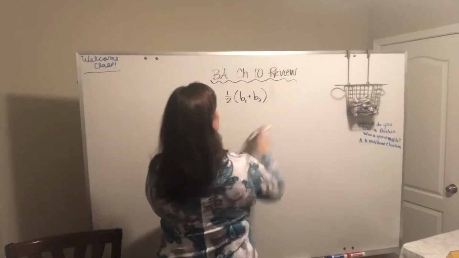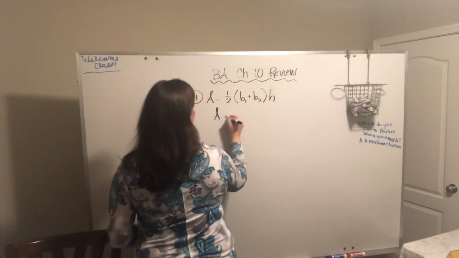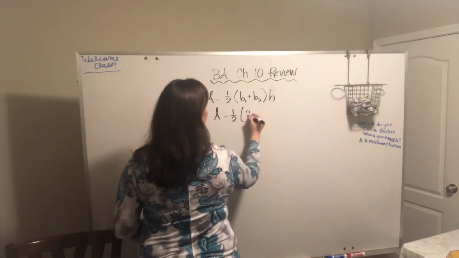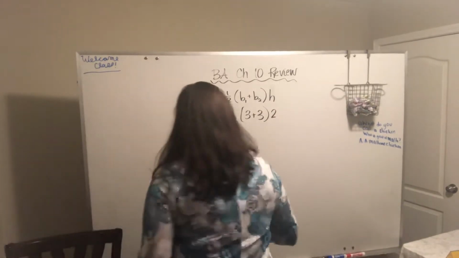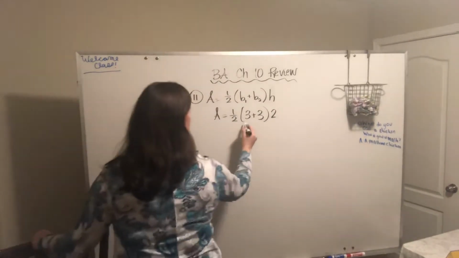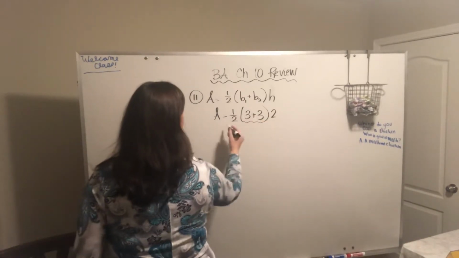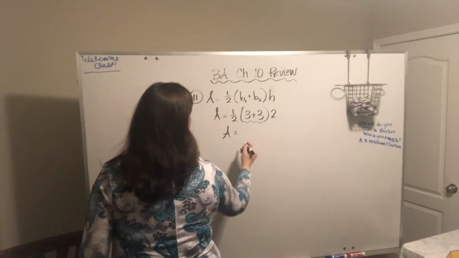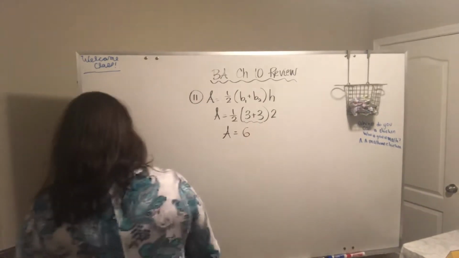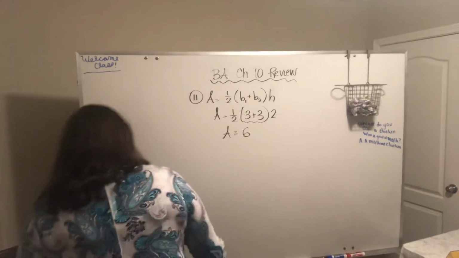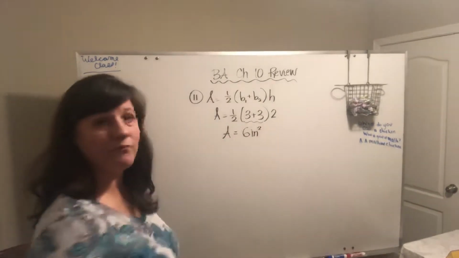I'm going to write H there first. And so I have 1/2, 3 plus 3, and the height is 2. Now, just remember that this always has to be done together. You can go ahead and divide that 2 by 2, which is 1. And then you get 3 plus 3. Hopefully all of you know that. All right. That's 6, and it's inches squared.